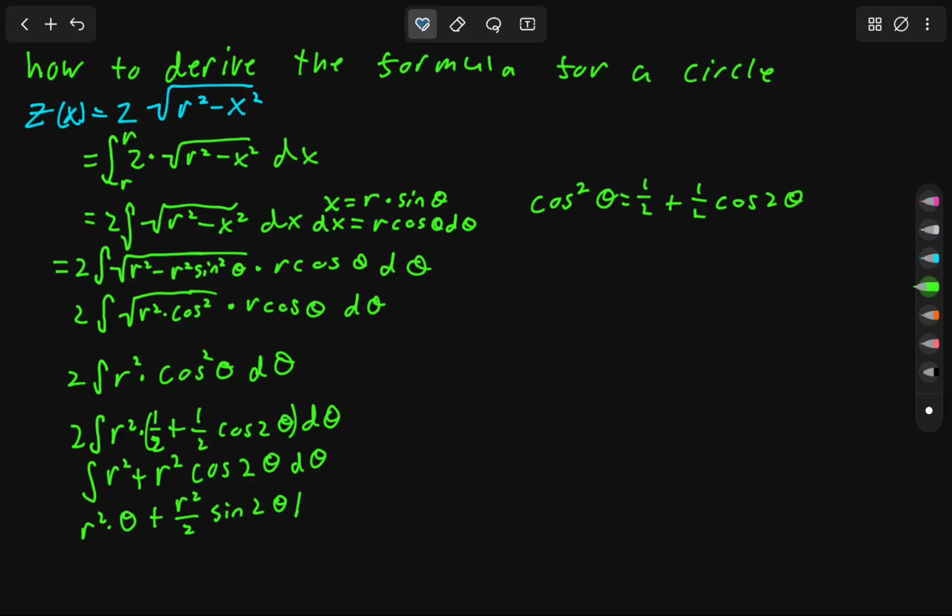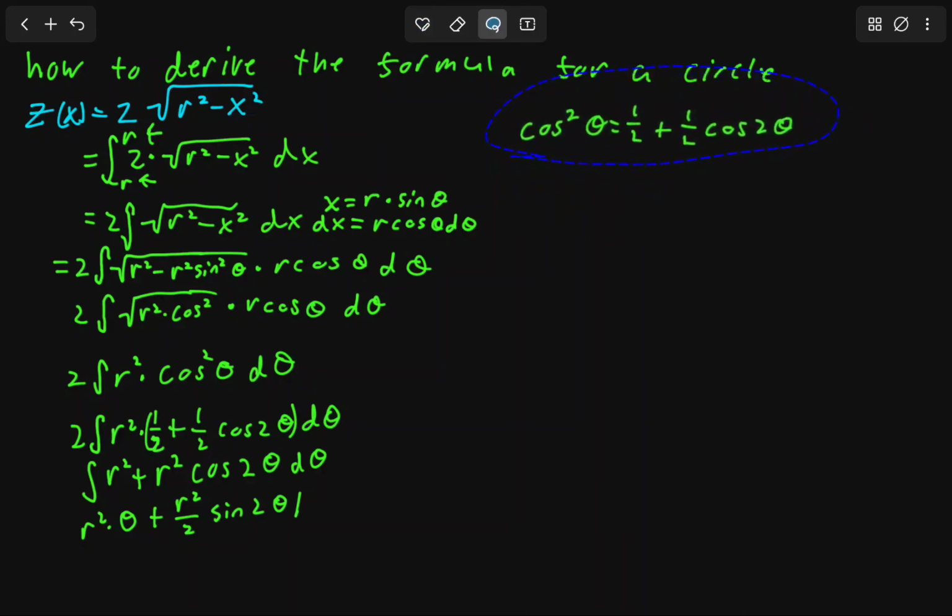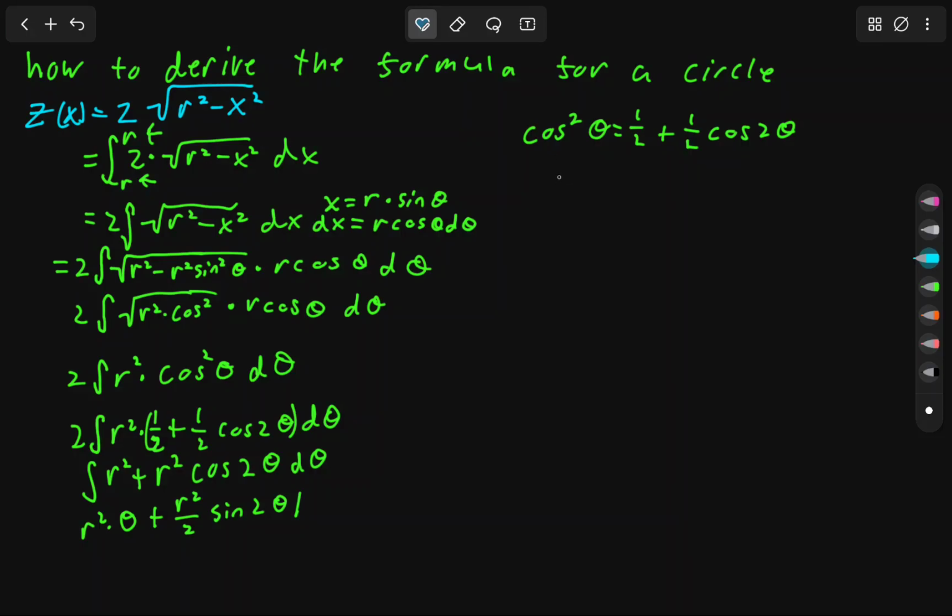Now we have to solve for our original bounds in terms of theta. So I'm going to move this up, and I'm going to swap my color over to blue. We know that r is going to be equal to r sine theta. So we have to solve for sine theta, or theta, in this case.